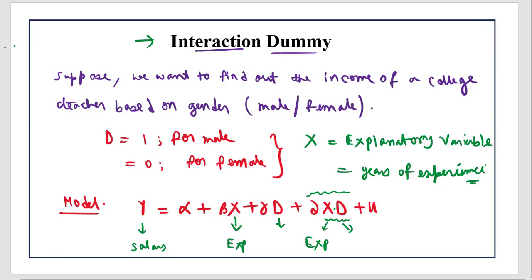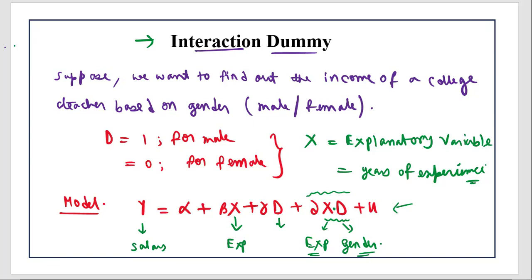So this will be an example of interaction dummy where we want to know what is the effect of this interaction of experience and the gender, right? Experience and the gender. One is the quantitative variable, one is the qualitative variable, and we want to know how these two variables interact with each other. That is why we have deliberately introduced this specific term in your model. And this is the new model that we will work with, right?